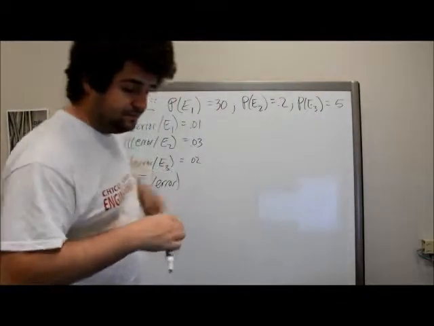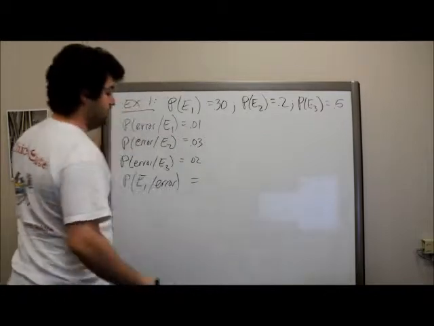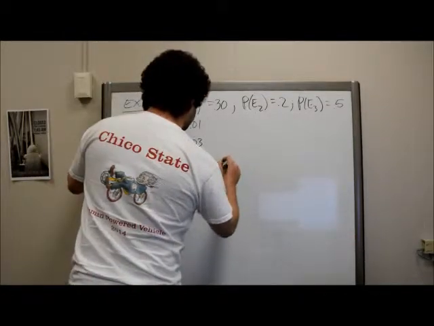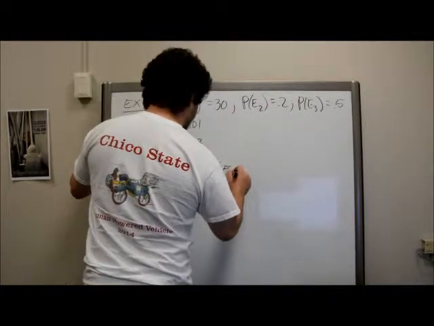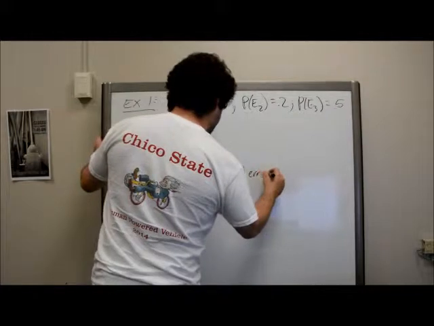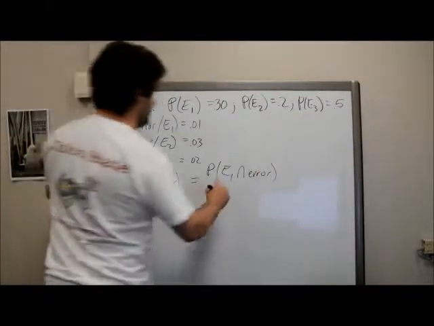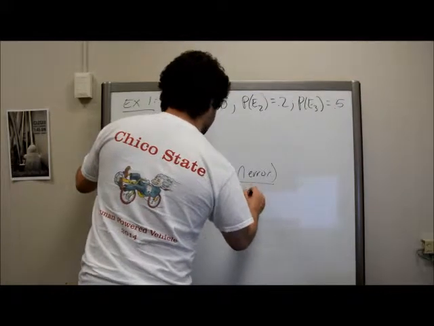This is equal to the probability of engineer 1 and error over the probability that there was an error.